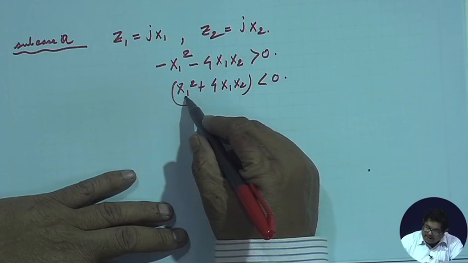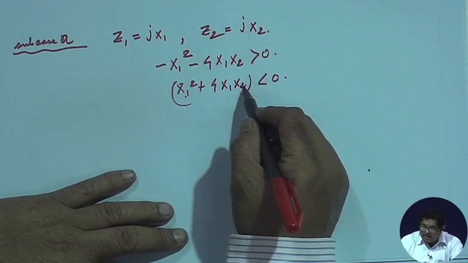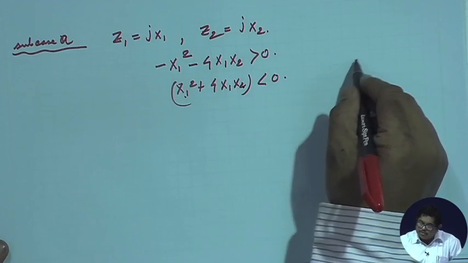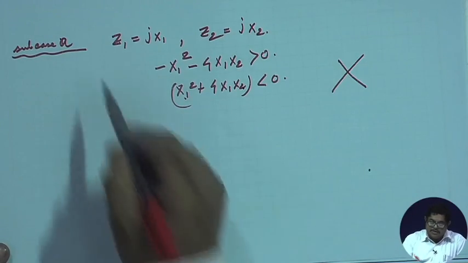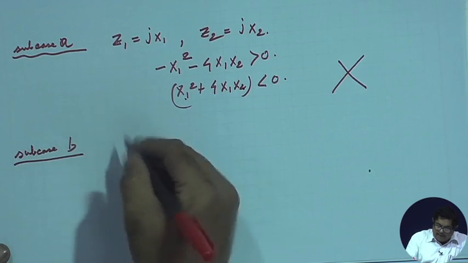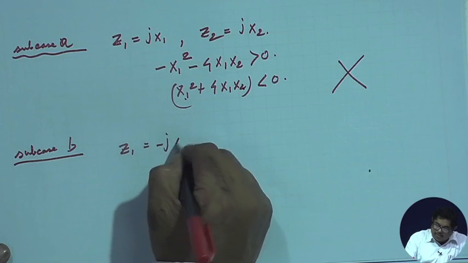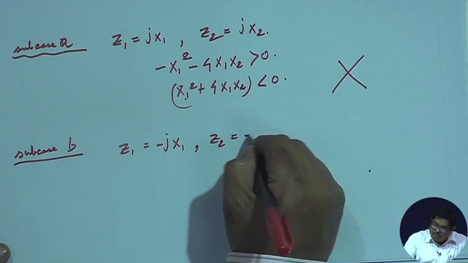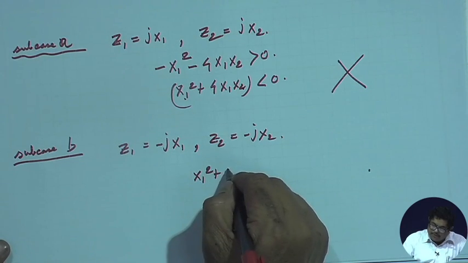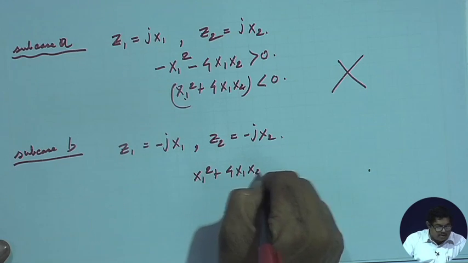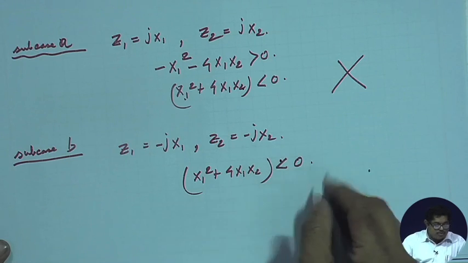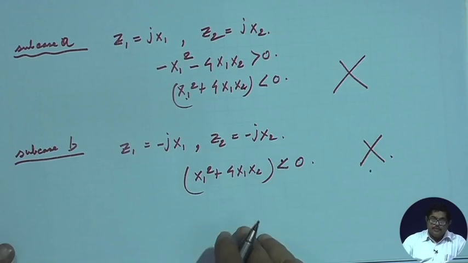Since x1 and x2 are positive real numbers, this is not possible. So subcase A is not possible. Similarly, subcase B, Z1 is equal to minus jx1, Z2 is equal to minus jx2. Again we get the same condition, x1 square plus 4 x1 x2 less than 0, so again not possible.